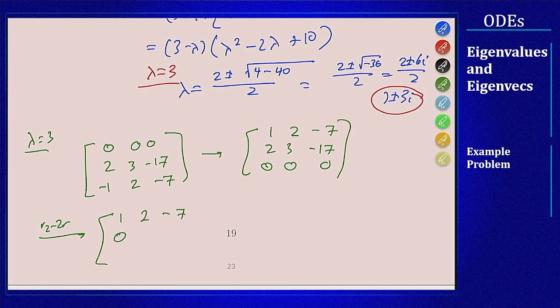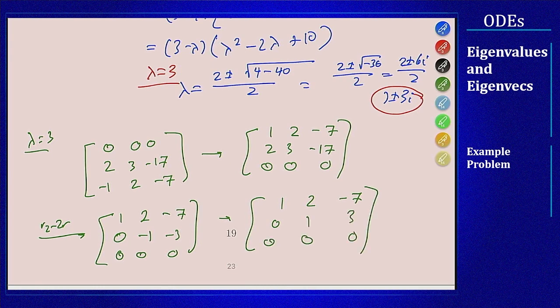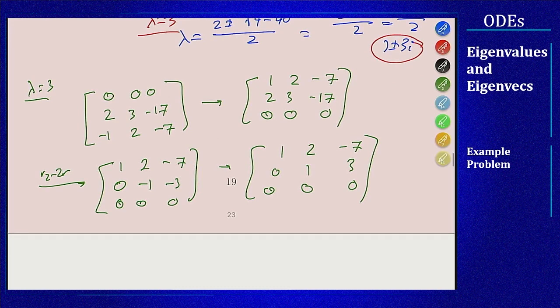That minus 2 of those is minus 1. That minus 2 of those is minus 3. Or 1, 2, minus 7, 0, 1, 3, 0, 0, 0. Right, now as equations, this tells us that v1 plus 2v2 minus 7v3 equals 0, and v2 plus 3v3 equals 0, with v3 being a free variable.